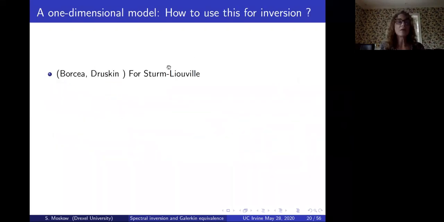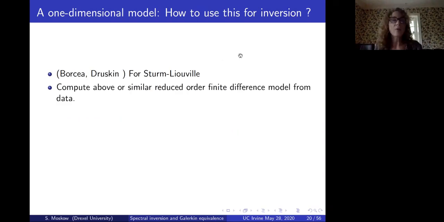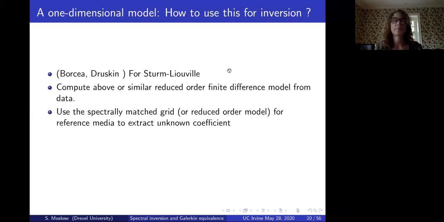But this is a good setup for inversion, as was studied by Borcea and Druskin for Sturm-Liouville problems. And what they did, I forget the exact date of this, but it was quite a while ago now, was compute the above or the similar reduced order finite difference model directly from the data.